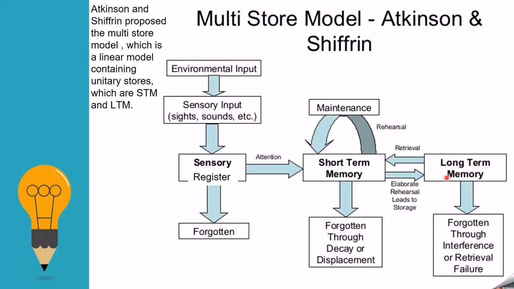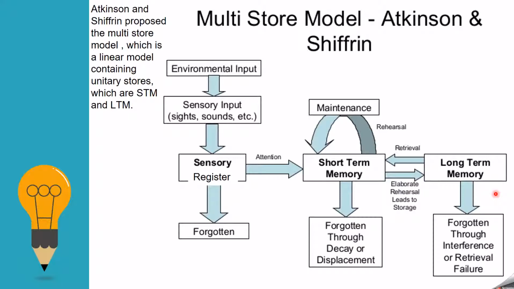Now, sometimes stuff in your long-term memory is forgotten through interference or retrieval failure. Sometimes you have things that might interfere, and sometimes you might have problems trying to remember exactly what the numbers were, for example.